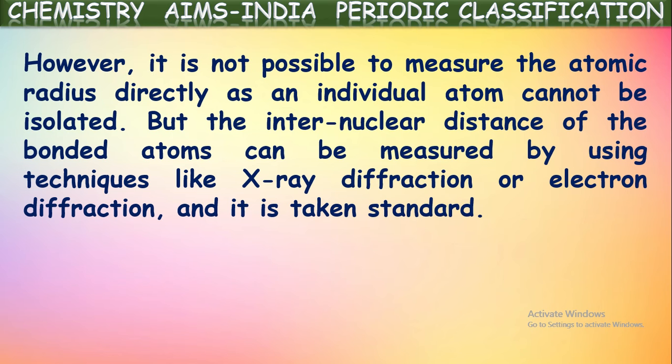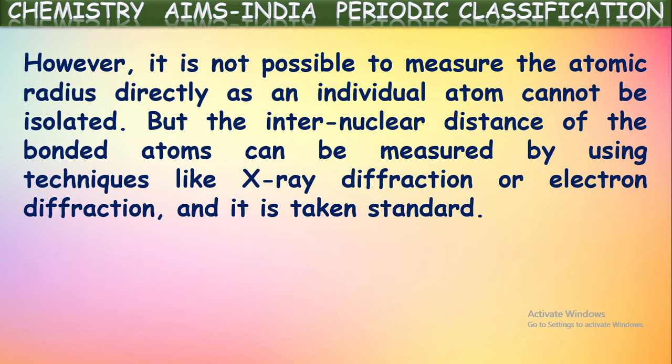So we consider the internuclear distance in the compounds or molecules formed by those atoms. By calculating the distance between the nuclei, the atomic radius is derived. In this way the atomic radius is calculated and taken as standard.